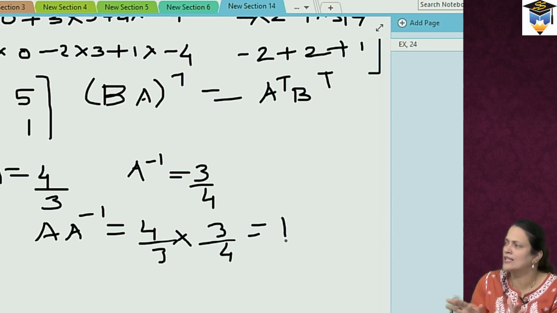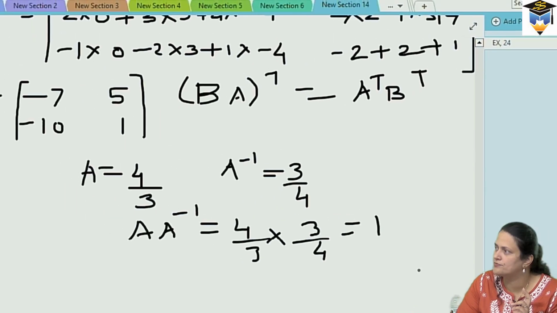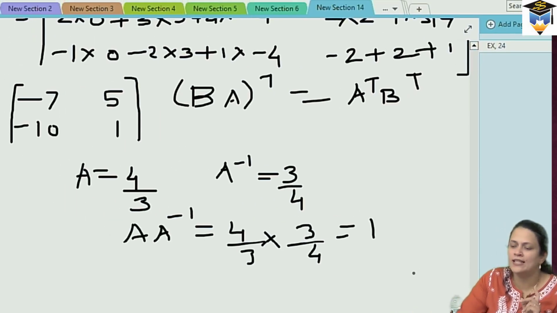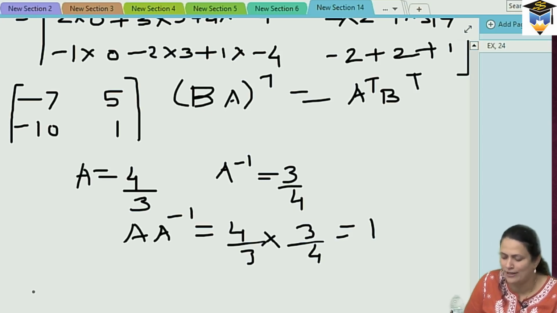Okay, this is in the case of normal algebra. Is it visible? Now what I'm going to do is, I'm going to prove it using a matrix.